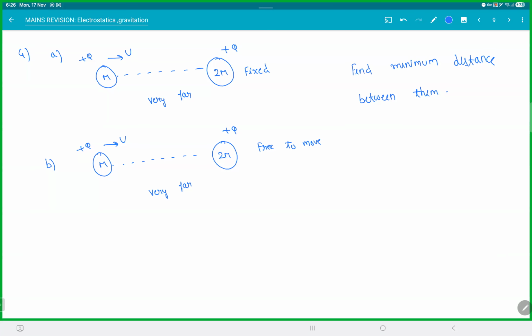We always neglect gravity whenever there's an electrostatic force unless it's mentioned. You don't take the gravitational force between them, right? That will be 10 power minus 20 times less, remember? First was easy.